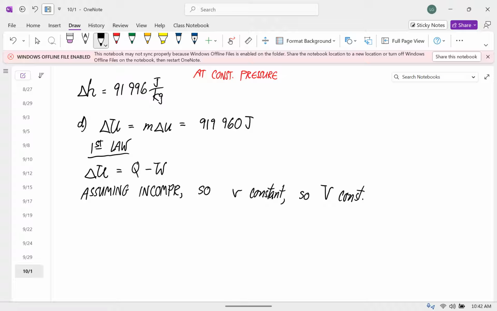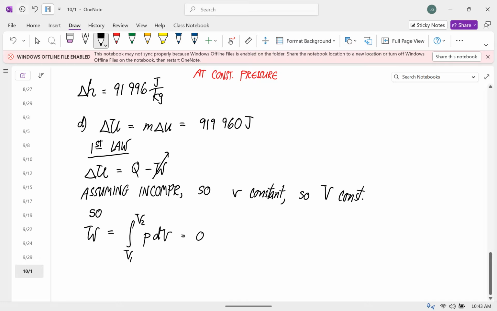And so the work of expansion, which is this, is equal to 0 because those two volumes are the same.